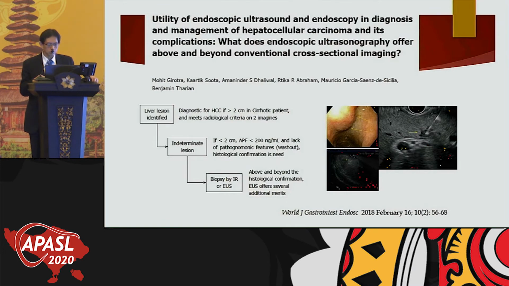There are also some proposals on how to use endoscopic ultrasound in the diagnosis and management of hepatocellular carcinoma and its complications. For small or big lesions, nowadays, other than biopsy, we can also perform EUS radiofrequency ablation for small nodules, not only in the pancreas but also in the liver parenchyma.